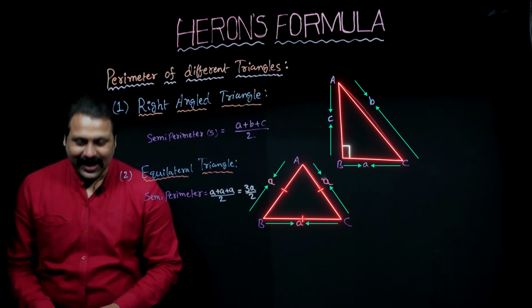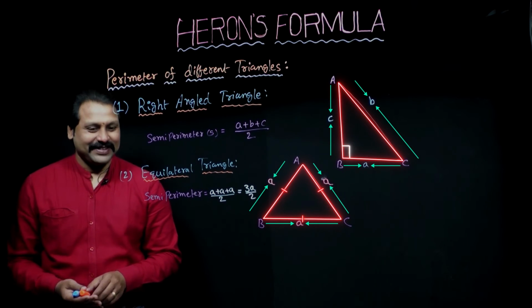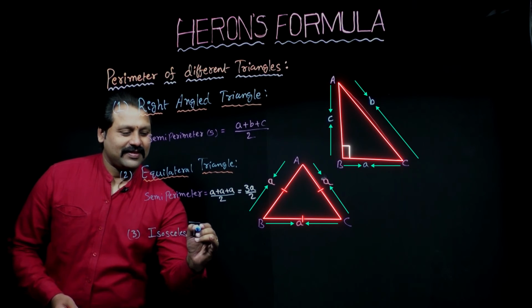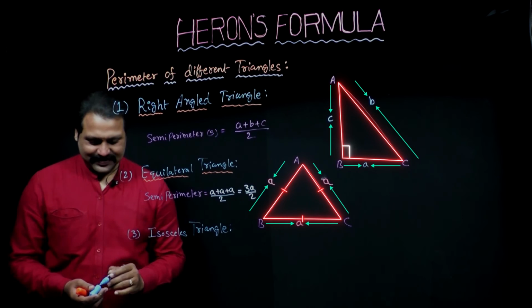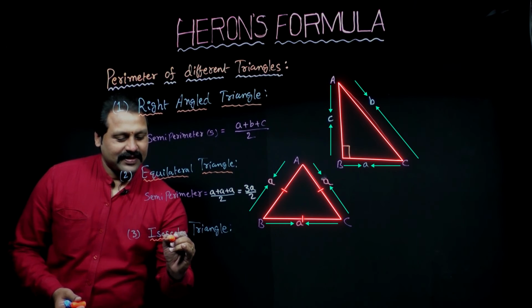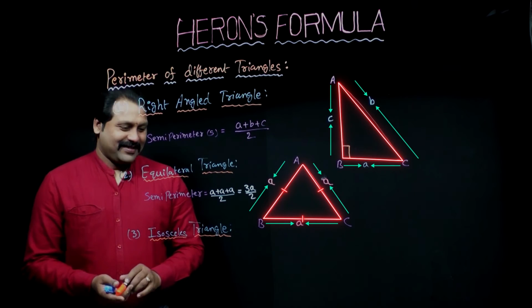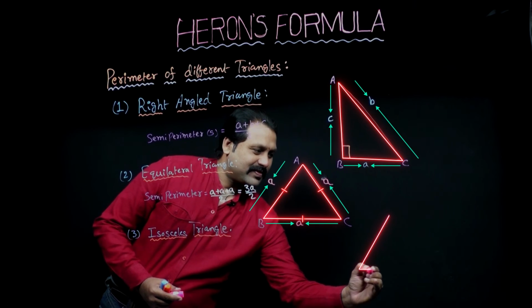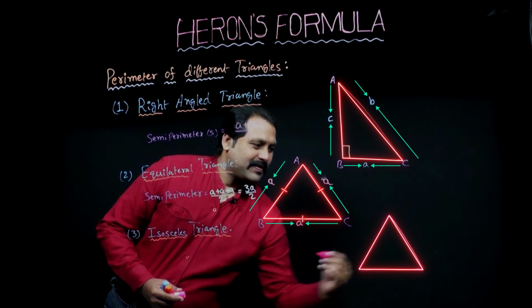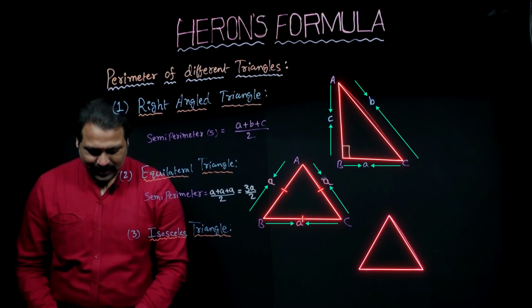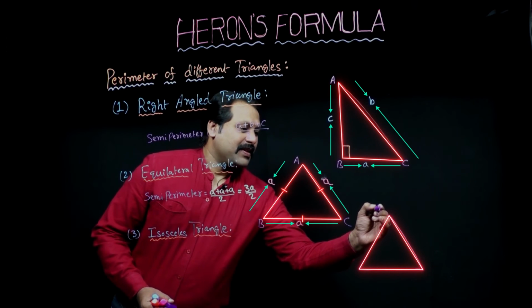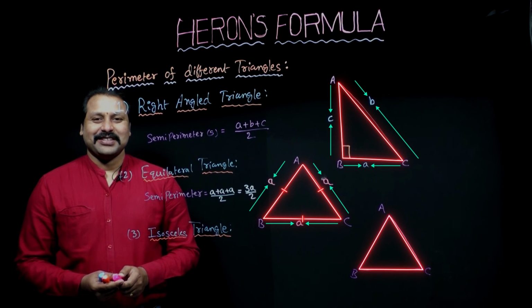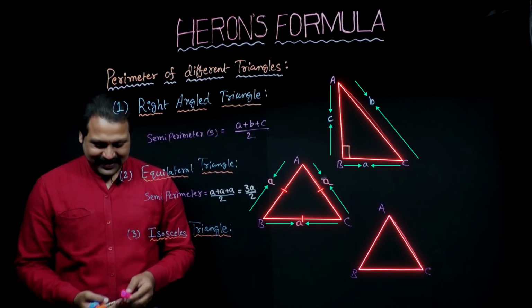And the next one, isosceles triangle. Take the diagram. The vertices are A, B and C. Isosceles triangle means two sides are equal.